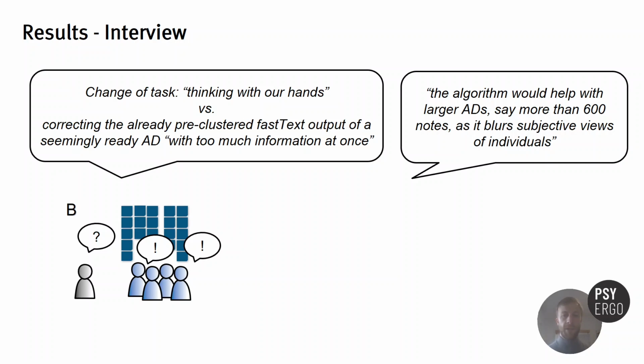Instead of thinking with their hands while manually clustering data, they were afraid that they had to merely correct the already pre-clustered FastText output of seemingly ready affinity diagrams with too much information at once. They saw a potential benefit when working with large amounts of data, especially if they were familiar with the data already.